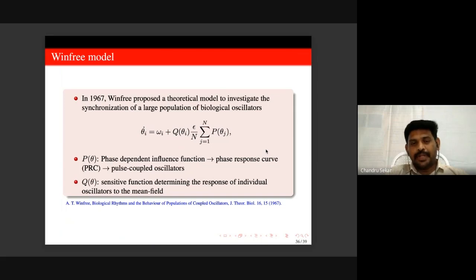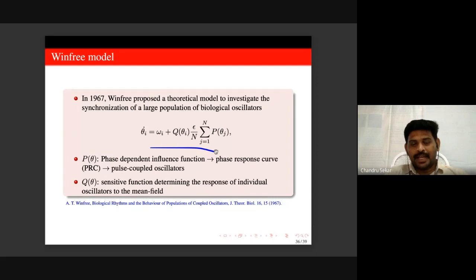Winfree introduced this model to investigate the synchronization of large populations of biological oscillators. In 1967, the proposed theoretical model is given by this equation with two terms, Q of theta and P of theta.